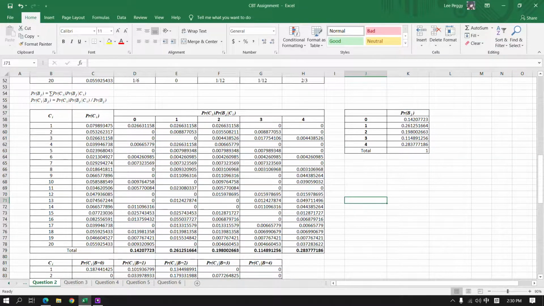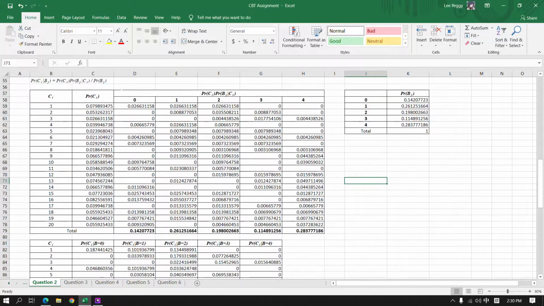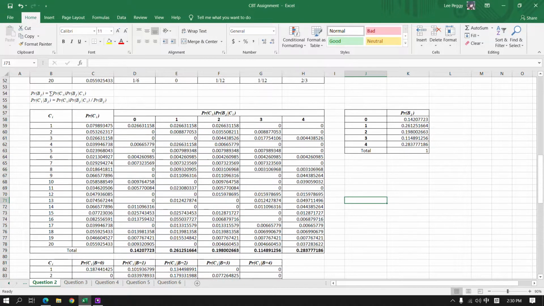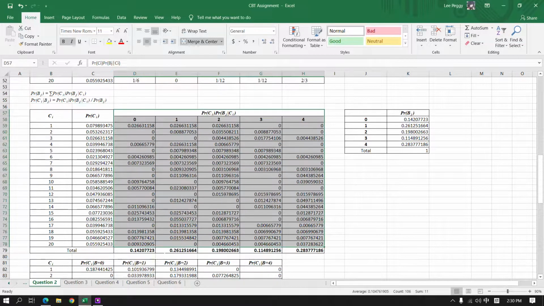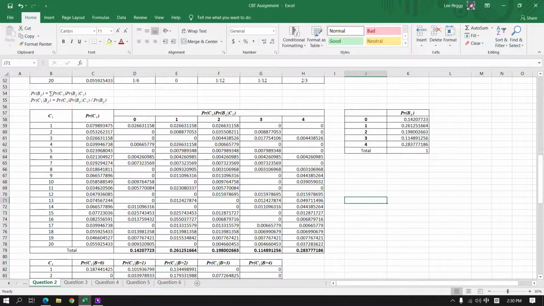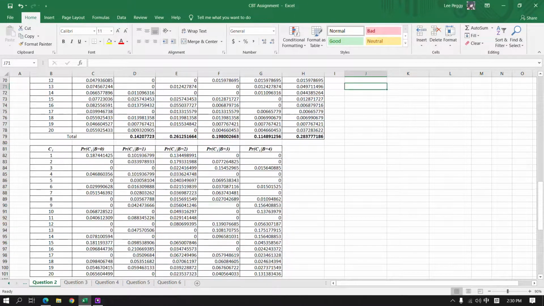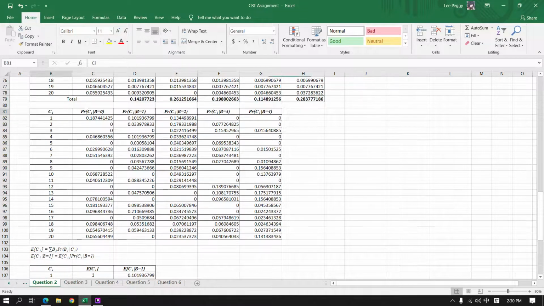Okay, after we find the probability of Bj, we can find the probability of Ci given Bj by dividing this with this. So I made a table for the probability of Ci given B equals 0, 1, 2, 3, 4 respectively.